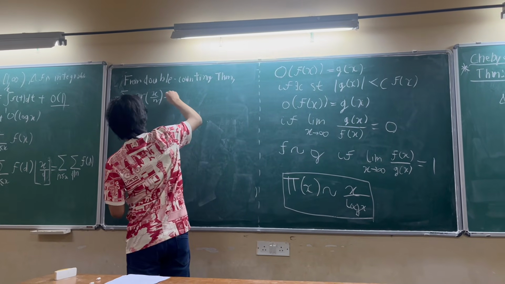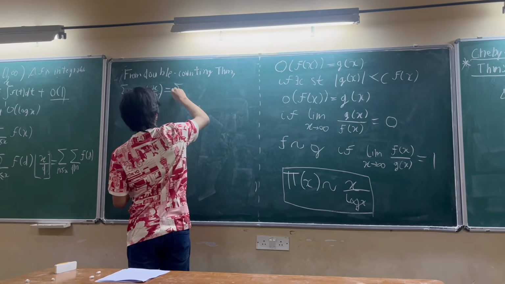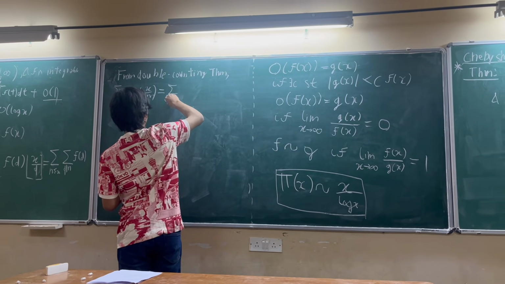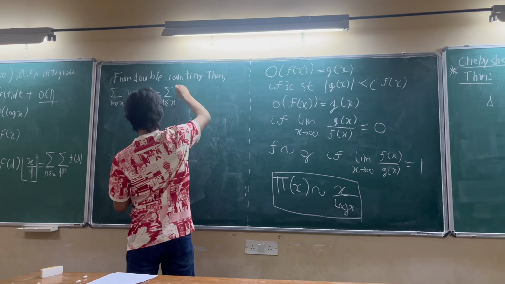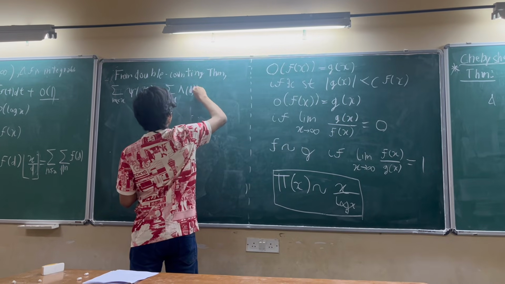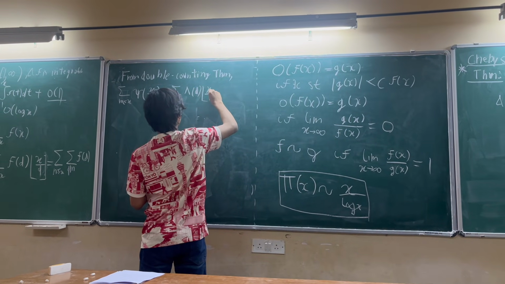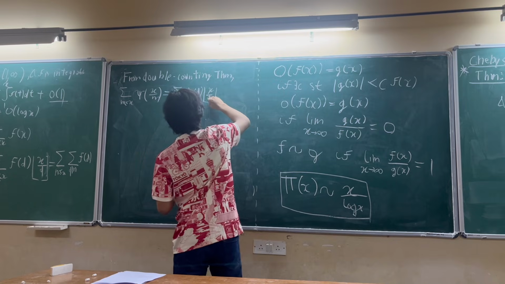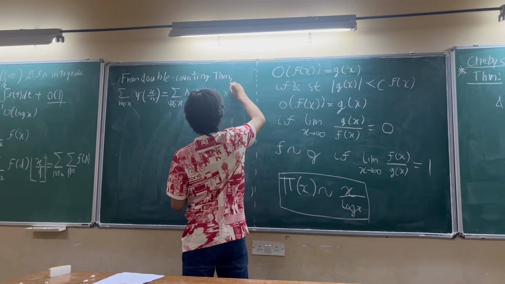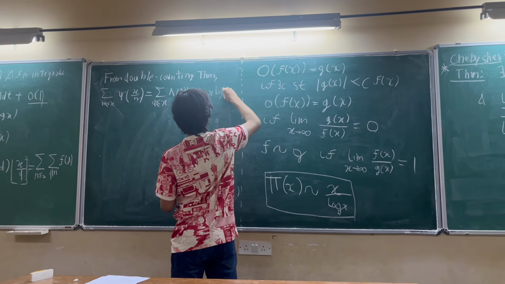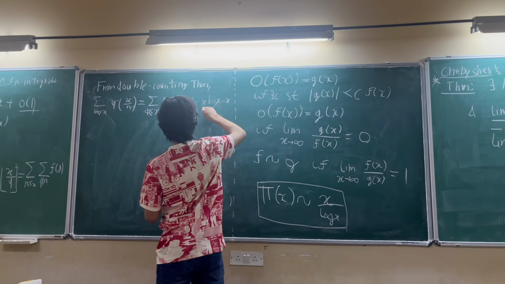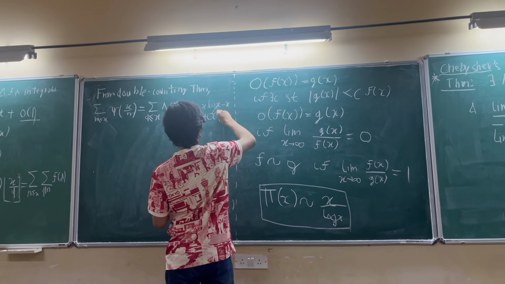So here we can easily apply the double counting theorem and see that this is in fact equal to the sum over d of lambda of d times the floor of x by d, and this is in fact equal to x log x minus x plus O of log x.